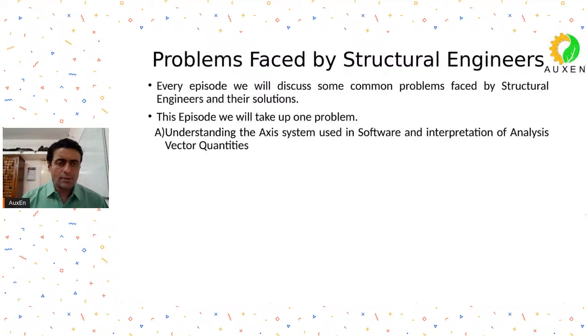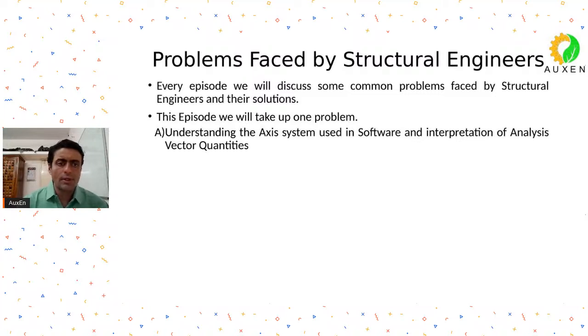In this episode, we are going to look into the axis system that is used in the software and their interpretation, that is, how each analysis quantity has to be understood. This is a problem that most of us face, not only young engineers but also practicing experienced structural engineers.